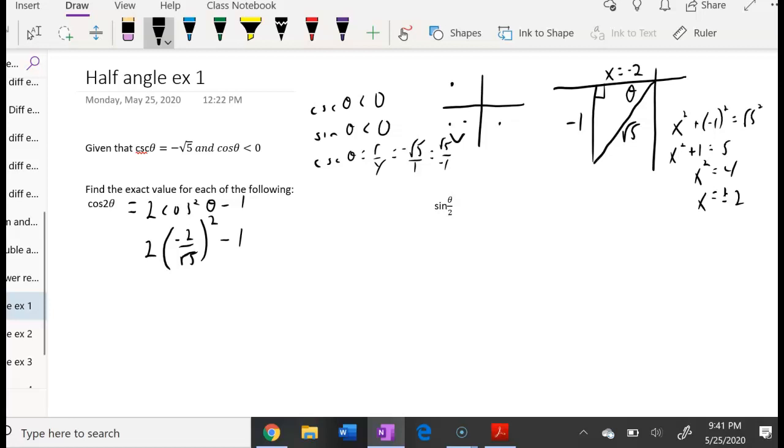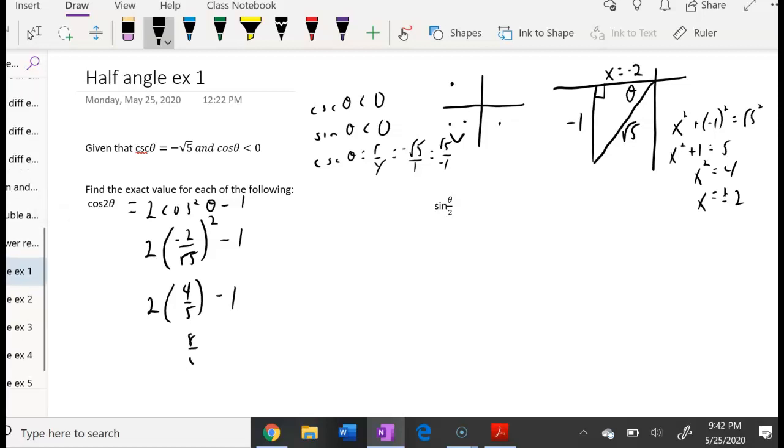I don't need to really bother rationalizing the denominator because I'm going to square this right off the bat. So I have 2 times 4 over 5 minus 1, which is 8 over 5 minus 1. 1 is really 5 over 5. So my answer here is nice and simple, 3 over 5.